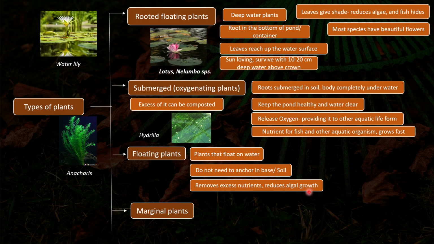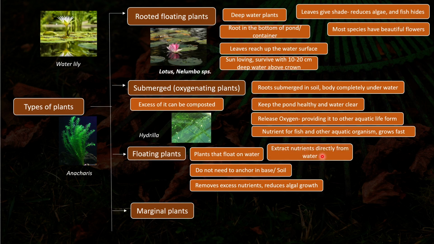Now see, in any pond, when does algal growth take place? When the water has a large amount of nutrient. Algae require nutrient to grow, so when there is excess nutrients present in a pond or water, algae will start growing. So if you want to reduce algal growth, it is best idea to remove excess nutrients with the help of these floating plants.